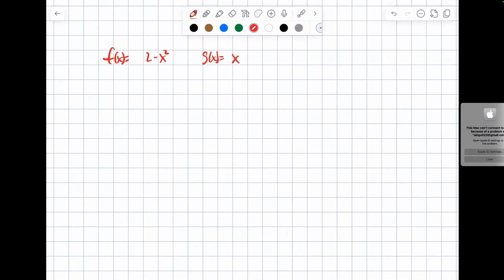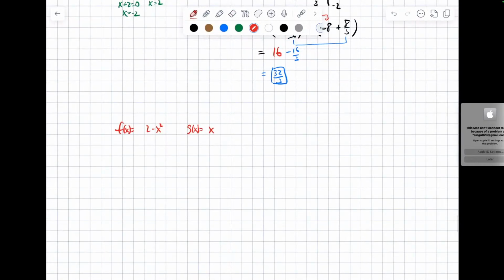So I want you to graph it. I want you to find the area between the curves. The idea is always top curve minus the bottom curve.